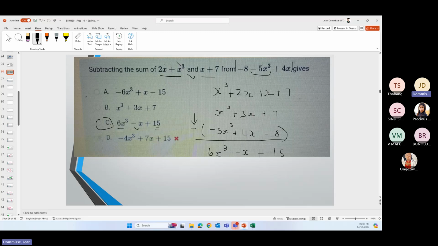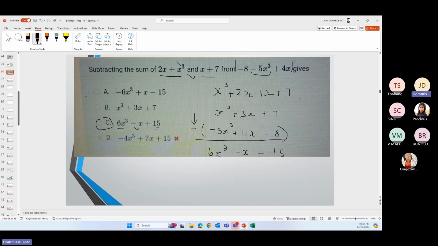Very easily one can make the mistake in your signage. Quickly see, if I swapped these two around and said that minus that, then I would have gotten minus that.